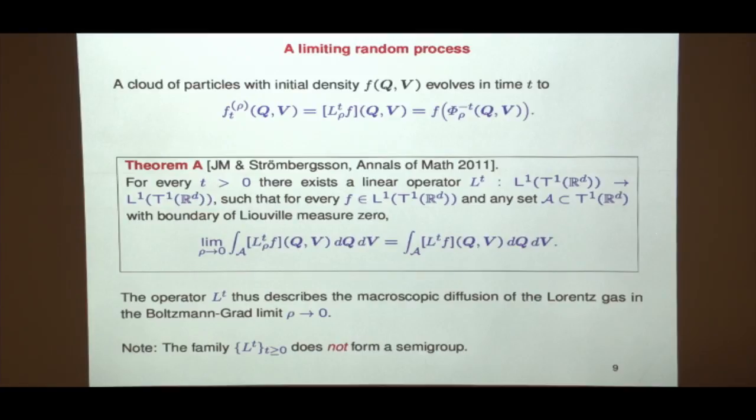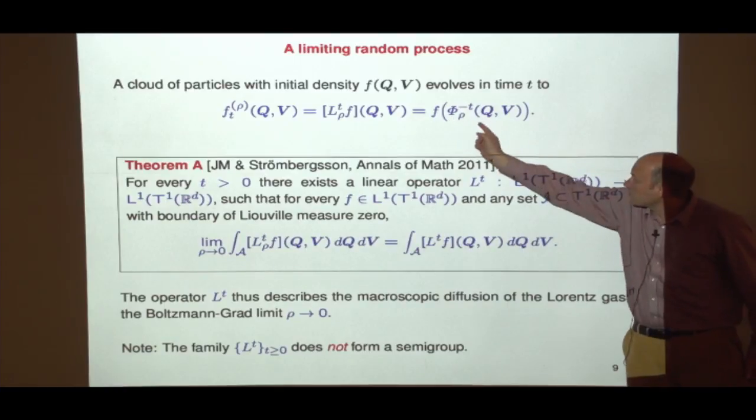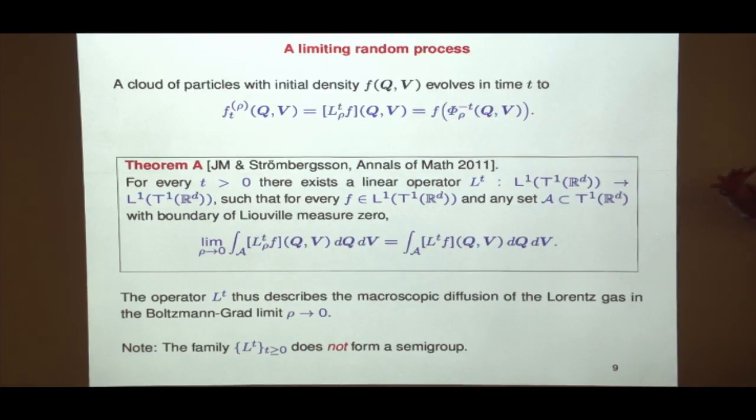And a few years ago, with Andreas Strömbergsson, we proved again that if you look at the evolution of a microscopic particle density that extends initially, so it's measured again in the macroscopic coordinates, so it extends over units of the mean free path length, that indeed there is a limit for the dynamics in this scaling.